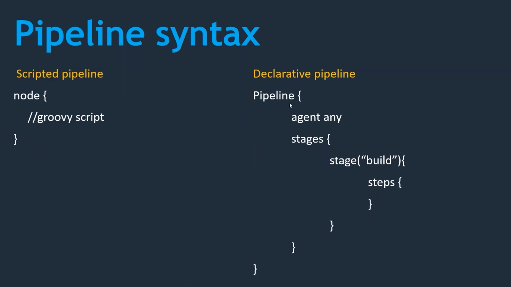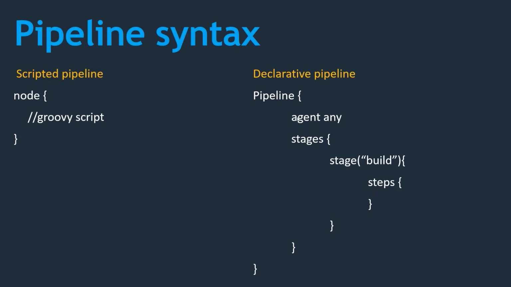So in declarative pipeline, it starts with pipeline, and in between the pipeline you need to define all your conditions. It will have agent any, nothing but on which agent you want to run. If agent any, it can build either in the master or in slaves as well. If you remember, we have set up master and slave configuration.